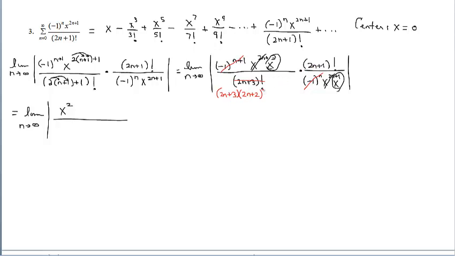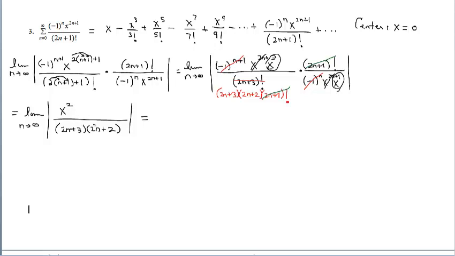So then I'm left with 2n plus 1, and I'm going to put the factorial back on here so that I'm now able to cancel. Right, so 2n plus 1 will cancel with 2n plus 1 here. So my denominator is just the product of these two binomials. All right, so that x squared could have scooted over a little bit, but that's okay.